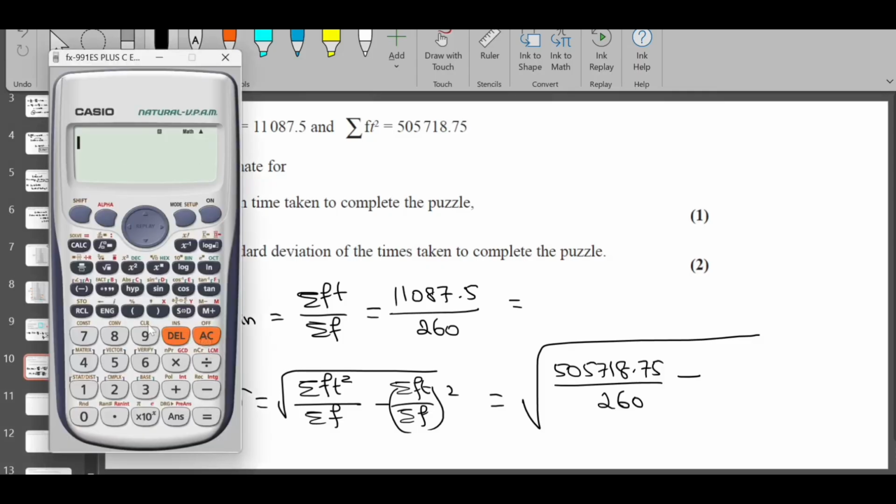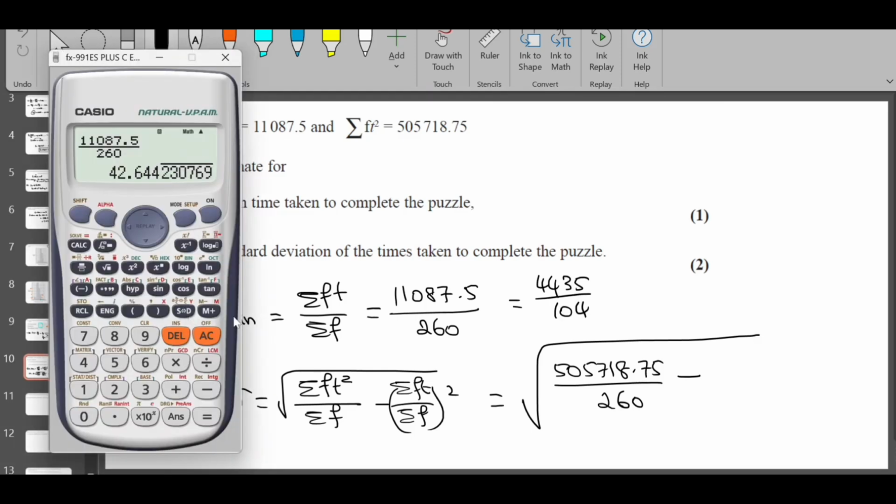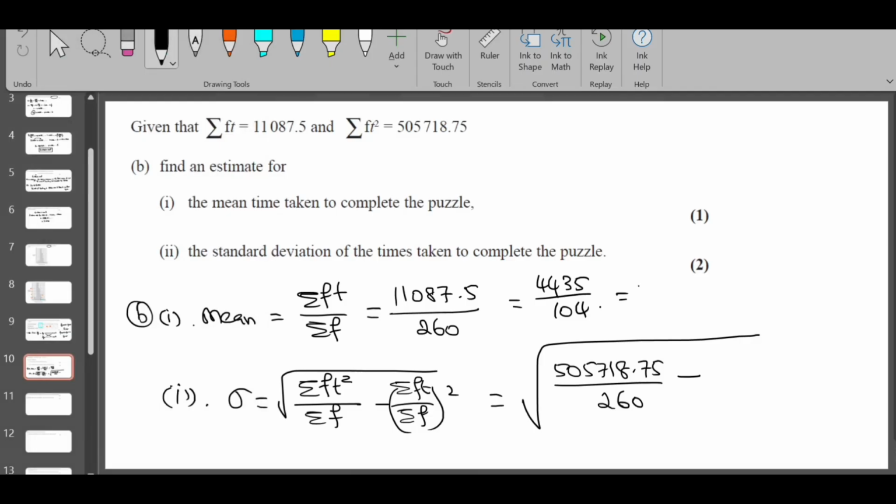So what's the mean first? 11087.5 divided by 260. Okay, 4435 over 104. You can write it as 42.6 also to 3 significant figures. But when you use it here, use the actual value, 4435 over 104 whole squared.